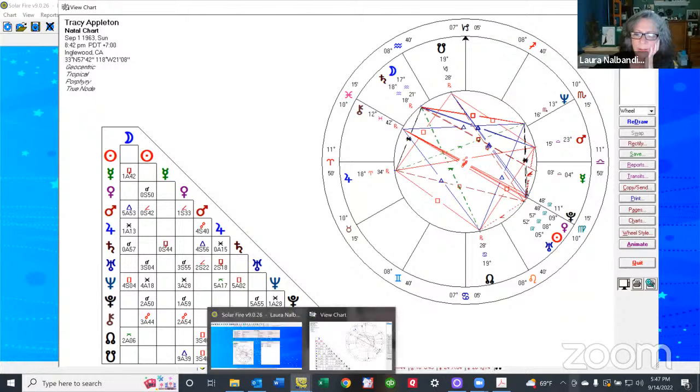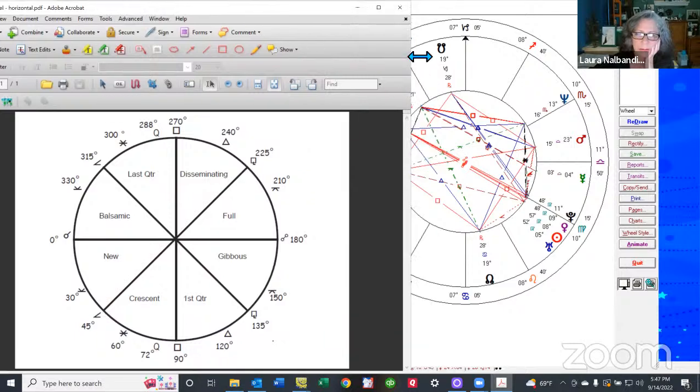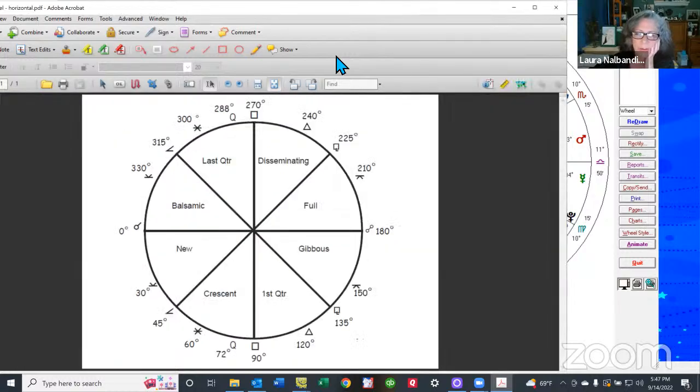When we look on this diagram here, kind of small, you'll see that there are 4 sesquiquadrates. There's 2 here.